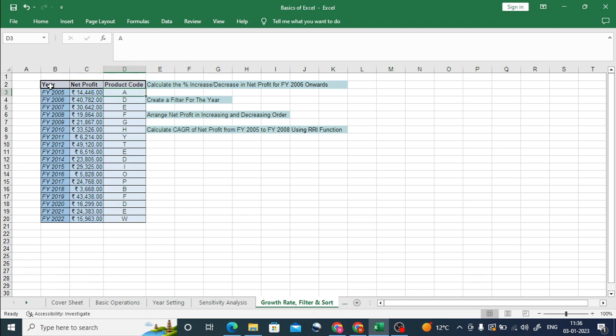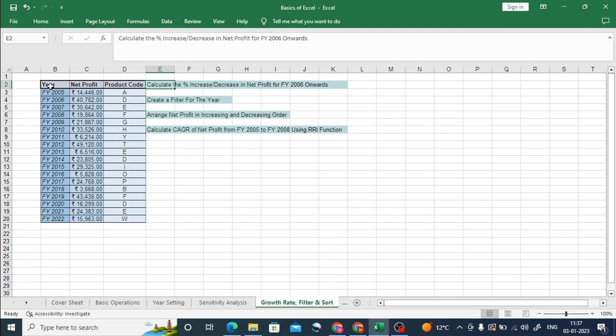As you can see, we have a lot of different products, product A, product D, product E. So we have mentioned that in this data. Over here, you can see some of the questions on which we will be working. Let's look at the first question. Calculate the percentage increase or decrease in net profit for financial year 2006 onwards.